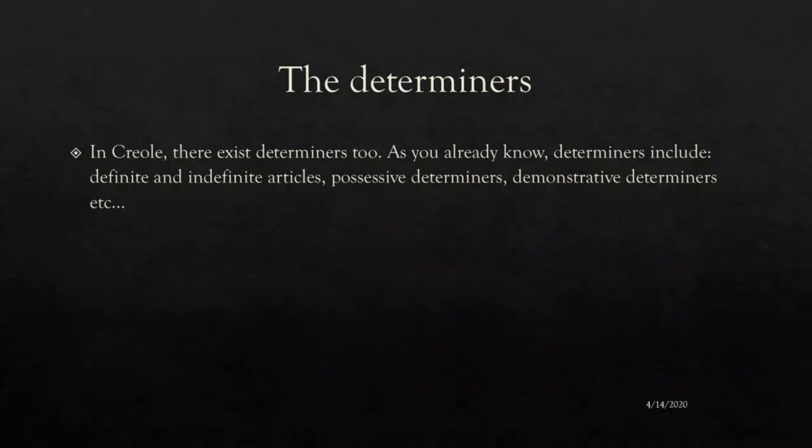As you already know, determiners include definite and indefinite articles, possessive determiners, demonstrative determiners, etc. They are very useful in the language, and we're gonna talk about the indefinite articles, which are part of the determiners.